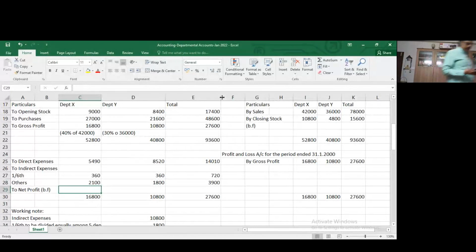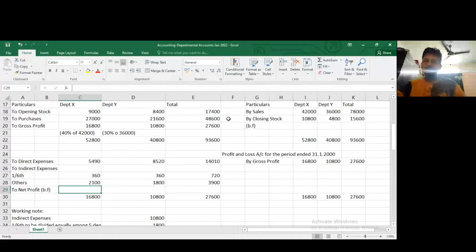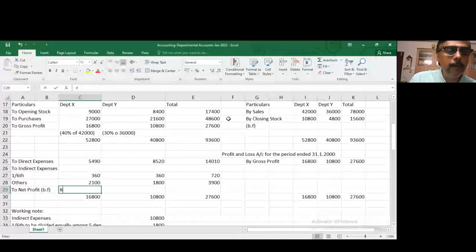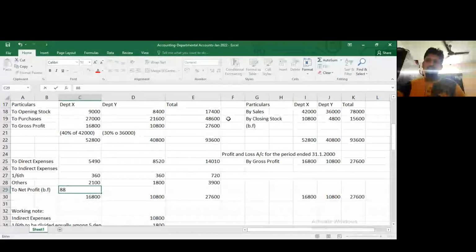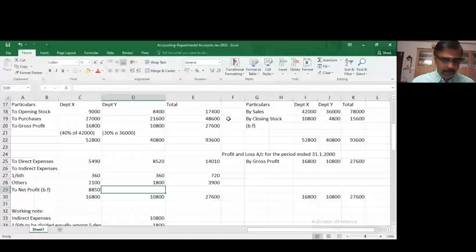What is the balancing figure, net profit? 8,850 for department X. For department Y? 120. Okay, good.